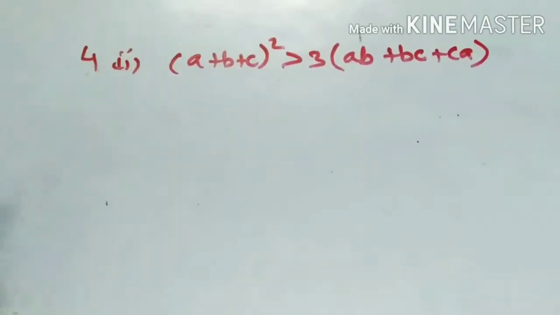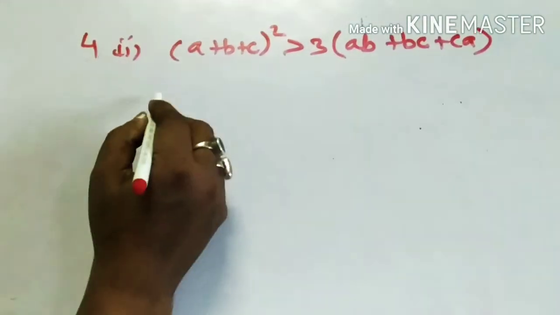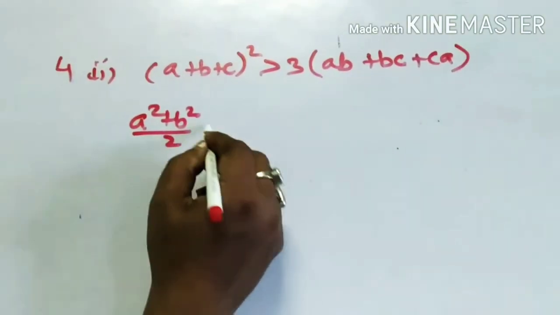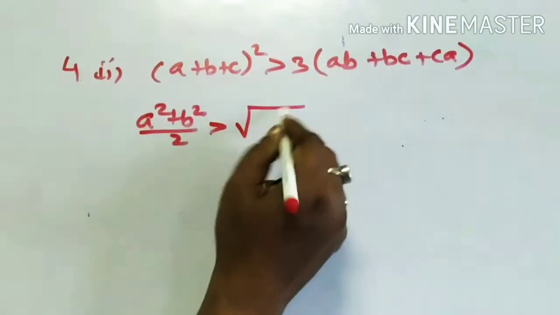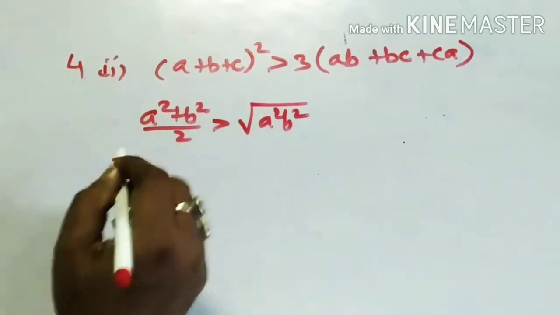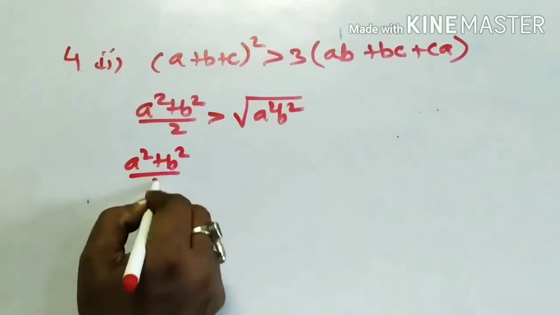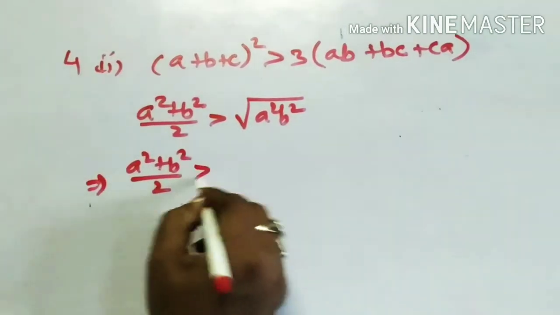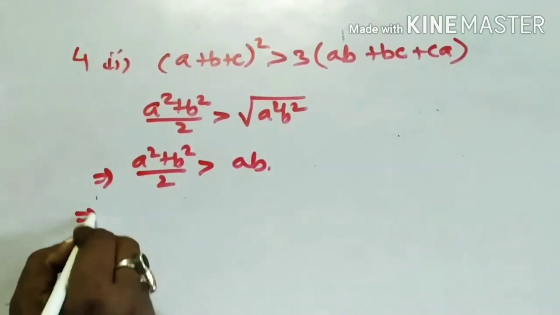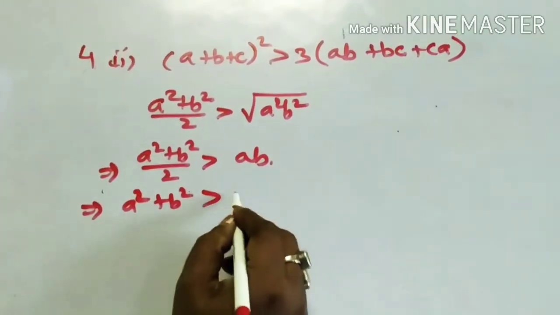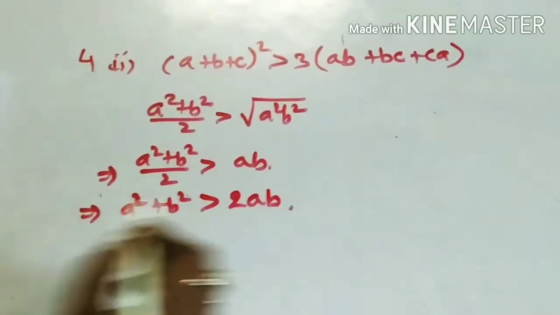So see what I am going to do here. A square plus B square by 2 is greater than root A square B square, so A square plus B square by 2 is greater than AB. Therefore, A square plus B square is greater than 2AB.